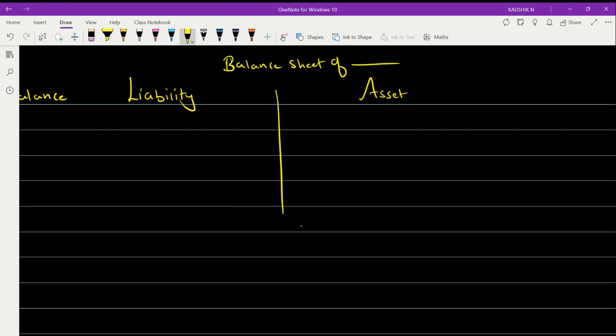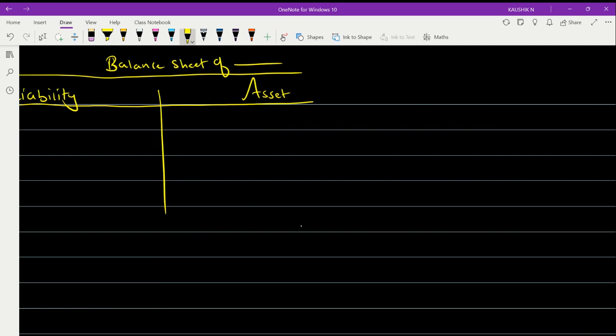But here it is not going to be that case. That is the old one, which will be used only for the sole proprietor, the sole trader, and for partnership business.